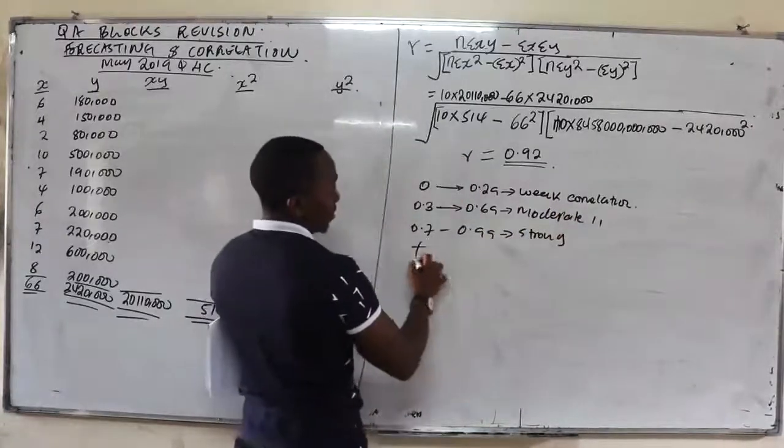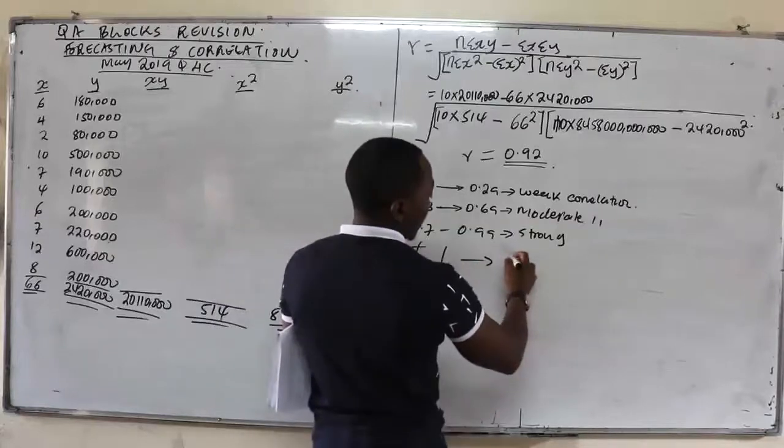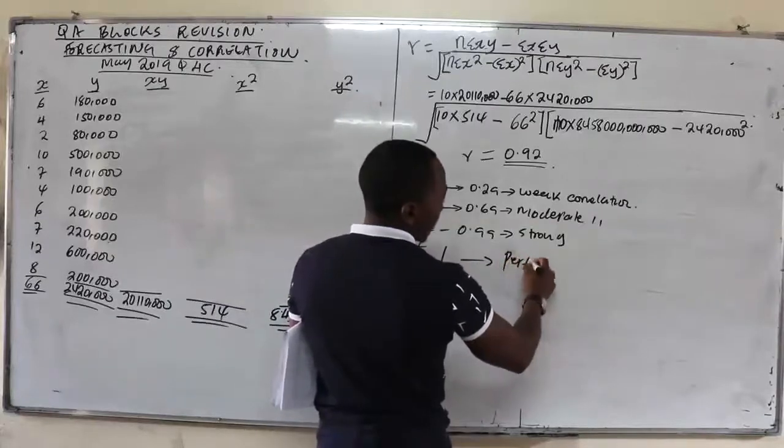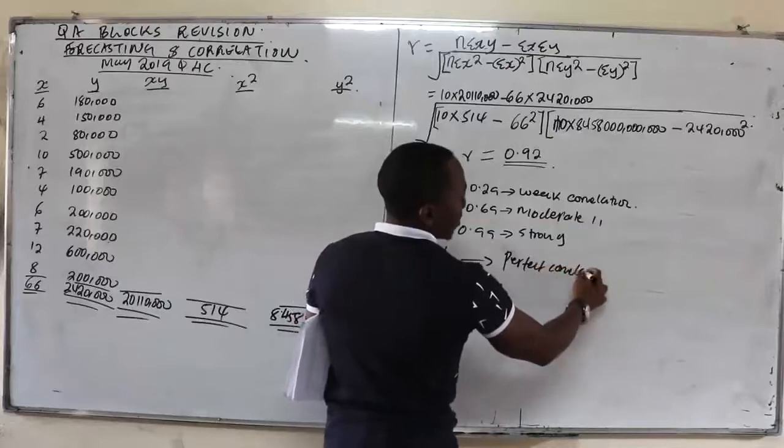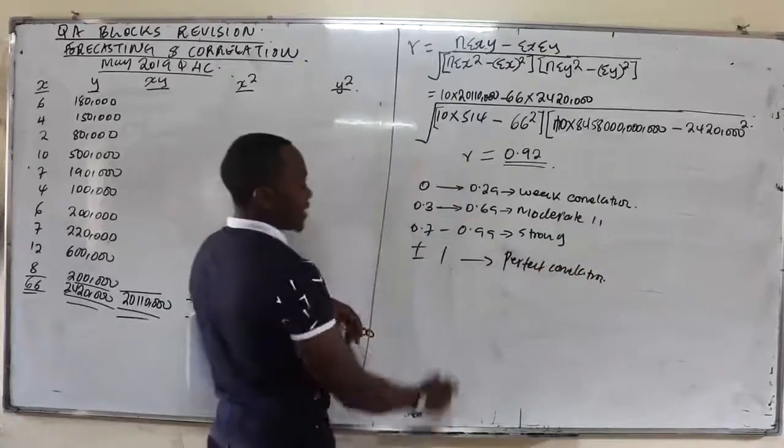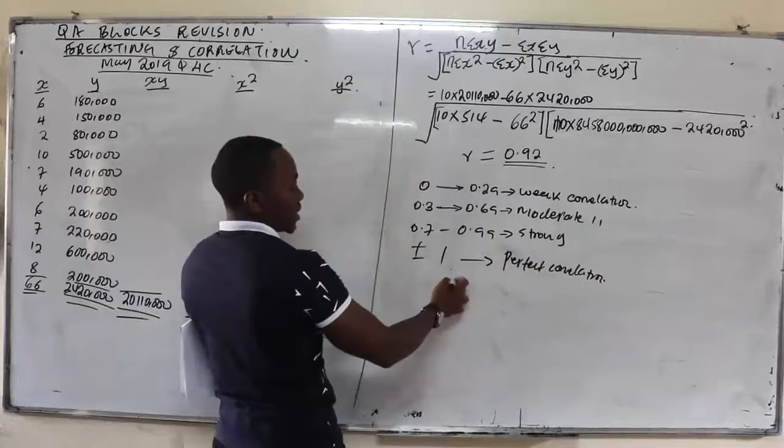But if you have positive or negative 1, that means there is a perfect correlation. But if you get exactly 0, that means there is no correlation.